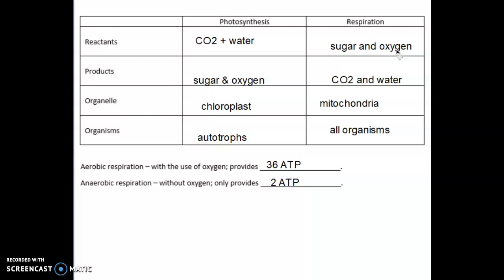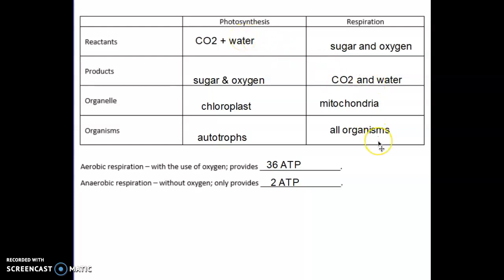You breathe that in, then you create the energy you need, and you release carbon dioxide and water. So photosynthesis and respiration are perfect partners because photosynthesis creates sugar and oxygen, and respiration burns sugar and oxygen. So the products of this one are the reactants of this one, and vice versa.